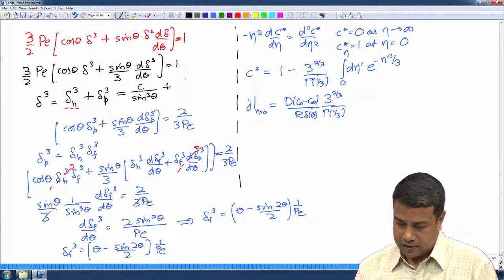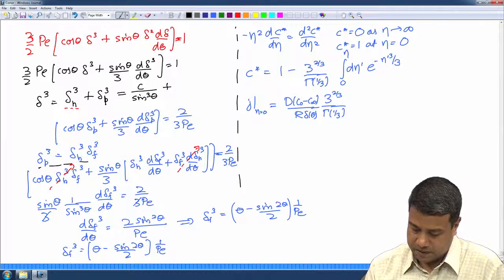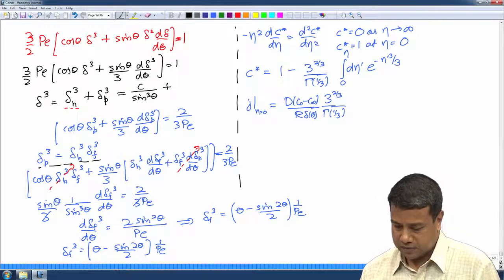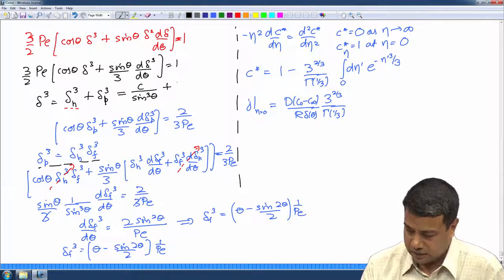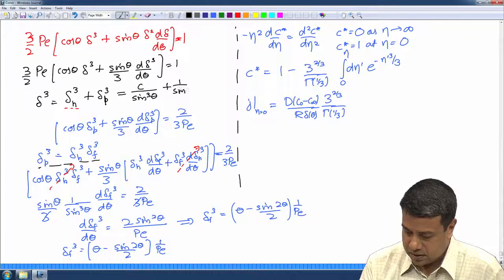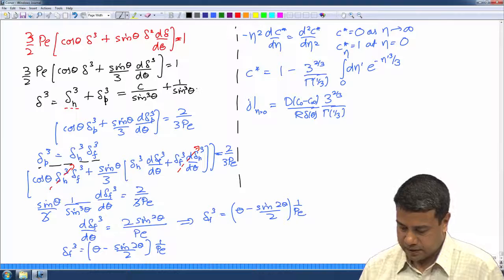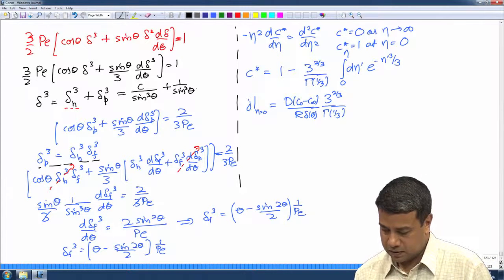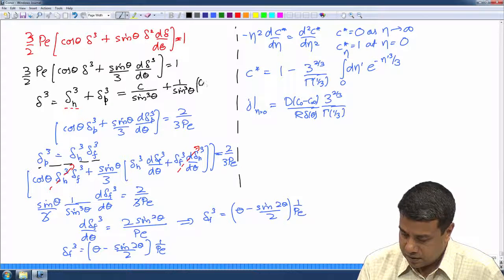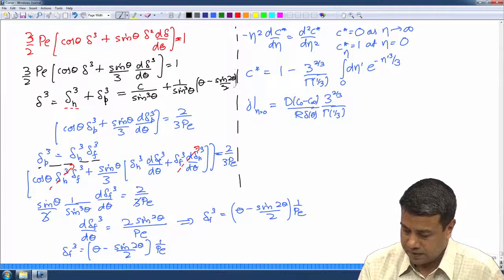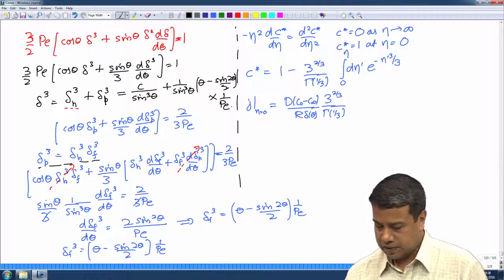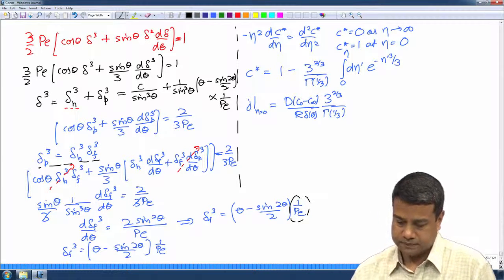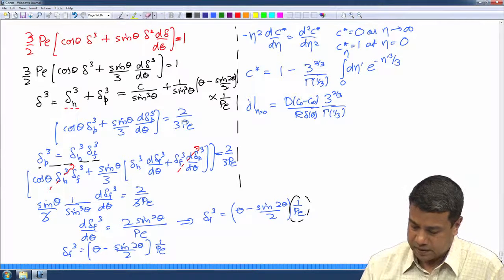In order to get delta, I have to multiply delta h cubed times delta f cubed. So, I will get 1 over sin cubed theta, that is delta h cubed, into theta minus sin 2 theta by 2 into 1 over the Peclet number, that is this term here. Let me rewrite that again after we have got the solution.